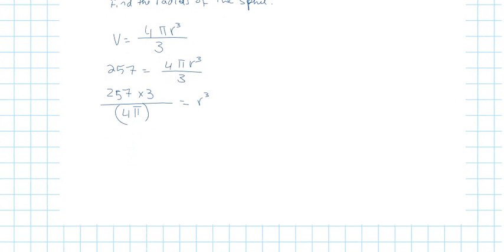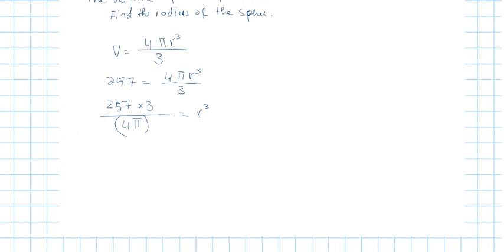So what was the answer for this? 61.35. Okay? Then to isolate for r, you're going to cube root.